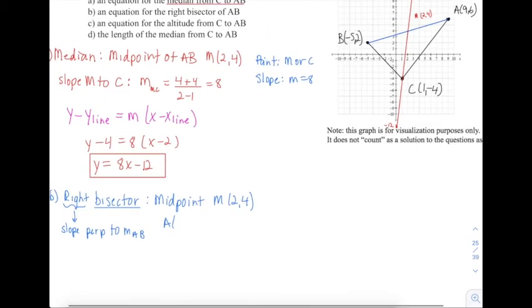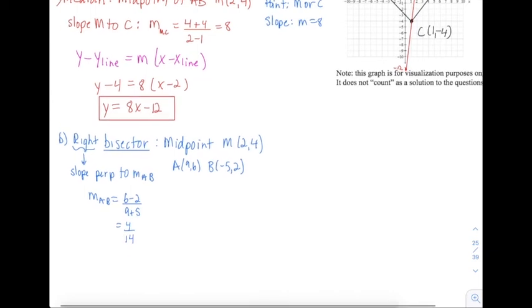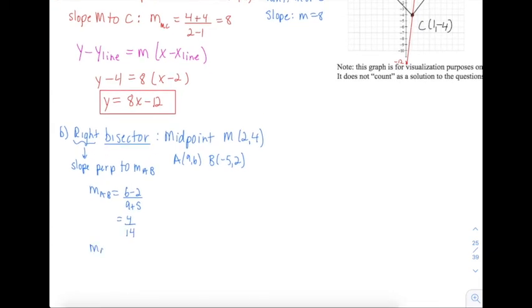A is (9, 6), B is (-5, 2). So the slope AB is 6 minus 2 over 9 plus 5, which is 4 over 14. So m of AB is 2 over 7, which looks bad, but the perpendicular slope isn't so bad.